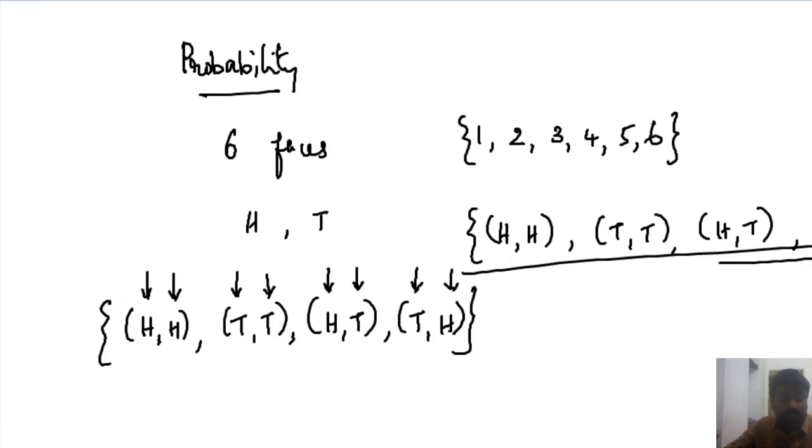Similarly, consider the case of two dice. You are rolling a pair of dice, one blue and one red, or you are just tossing two dice. We know when you toss a die, there are only six possible sides. The first die has 1, 2, 3, 4, 5, 6.